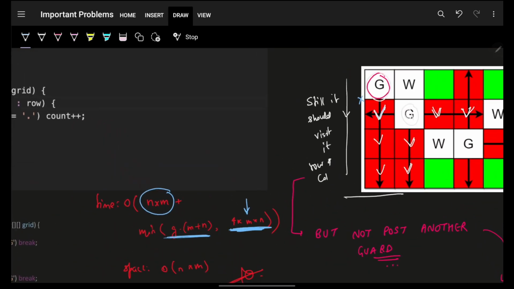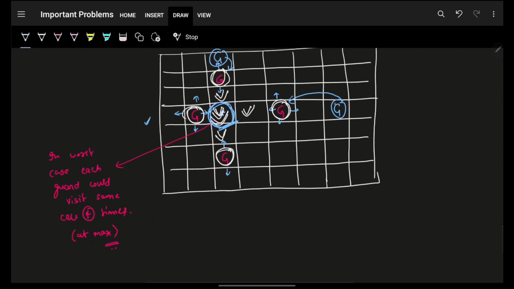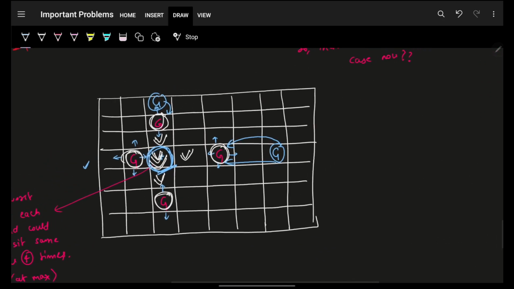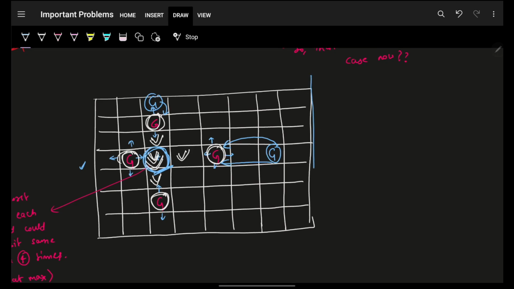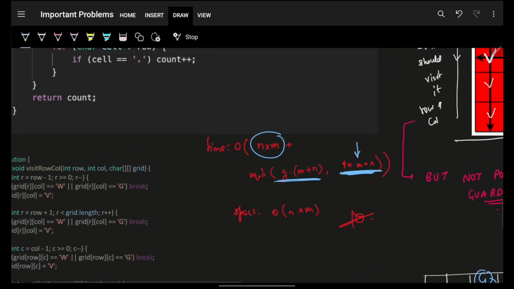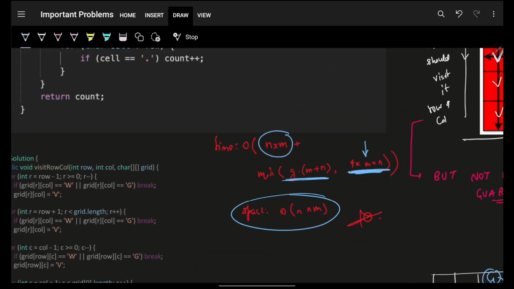But still, any cell cannot be visited more than 4 times, because anytime I see another guard in my direction, I will simply stop. So now the stopping condition is the grid end, another wall, or another guard. These are the stopping conditions which make us get to the time complexity. And again, obviously we are making a grid, so space O of m into n.